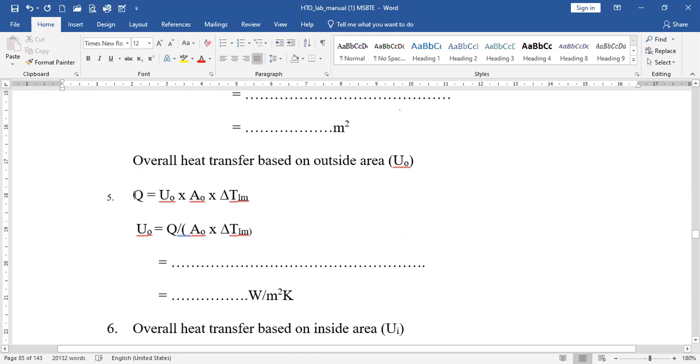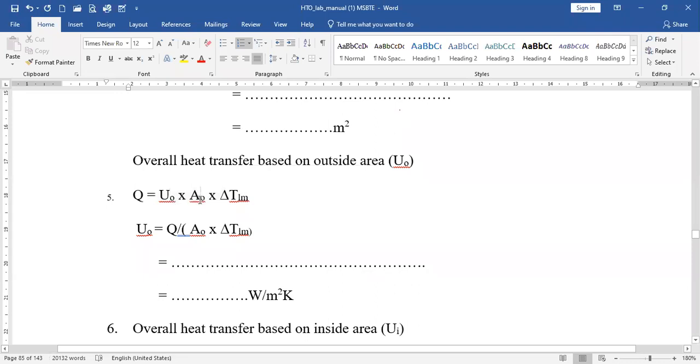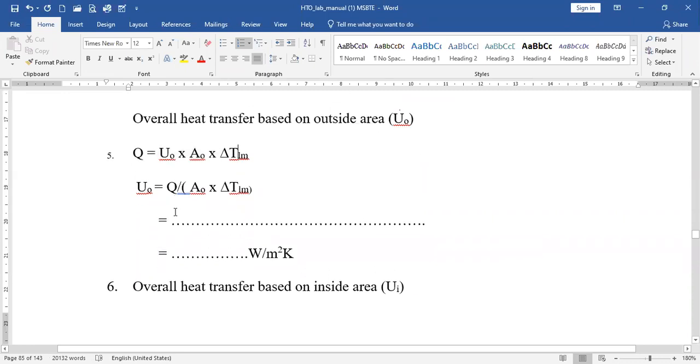Now with the help of this general formula Q equal to UA delta TLM, we can take any type of formula, on the basis of outside or on the basis of inside. So we are going to calculate this Q on the basis of the outside heat transfer coefficient, outside area, and delta TLM, right?